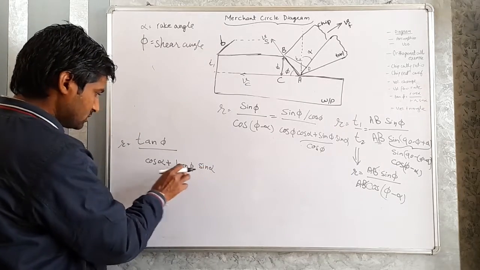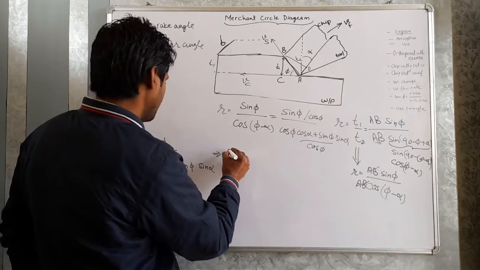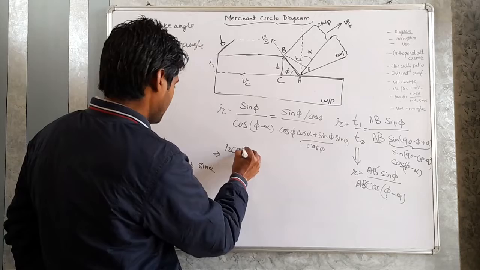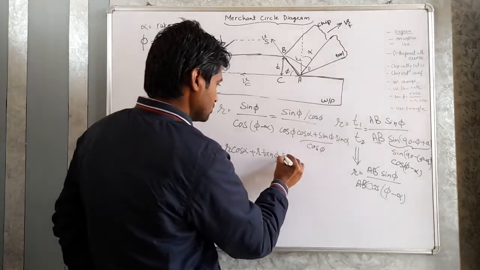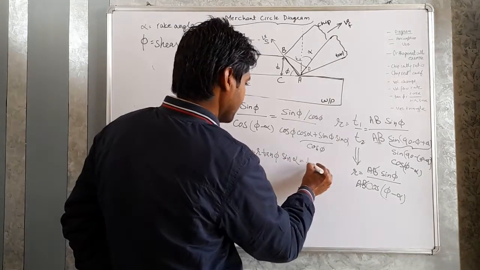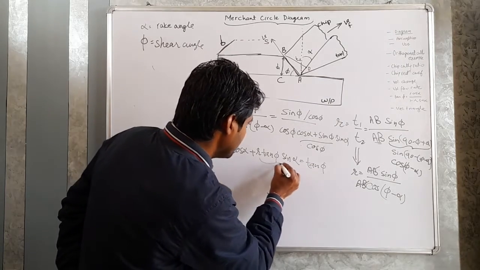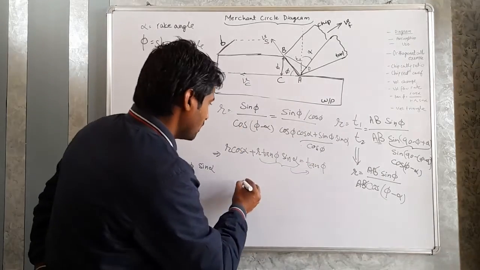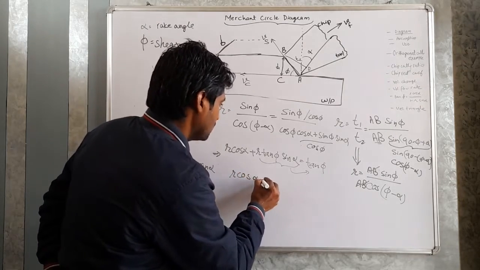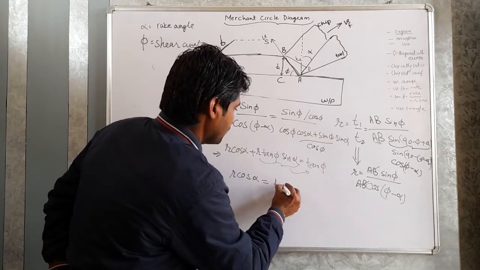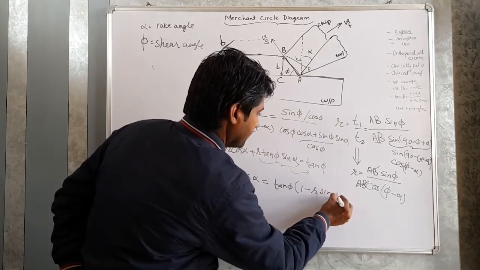Now bring this part to the left hand side. It will become r cos alpha plus r tan phi sin alpha equal to tan phi. So we bring this part to this side: r cos alpha equal to tan phi (1 minus r sin alpha).